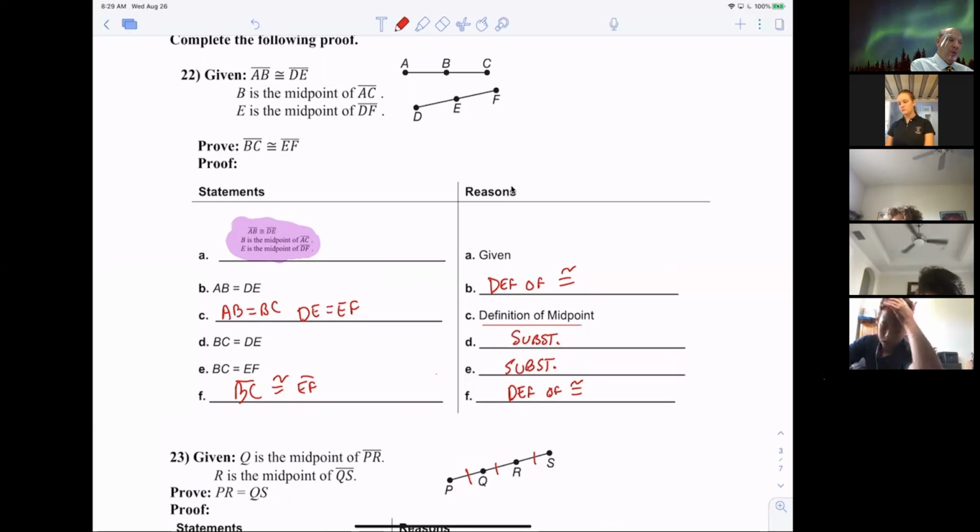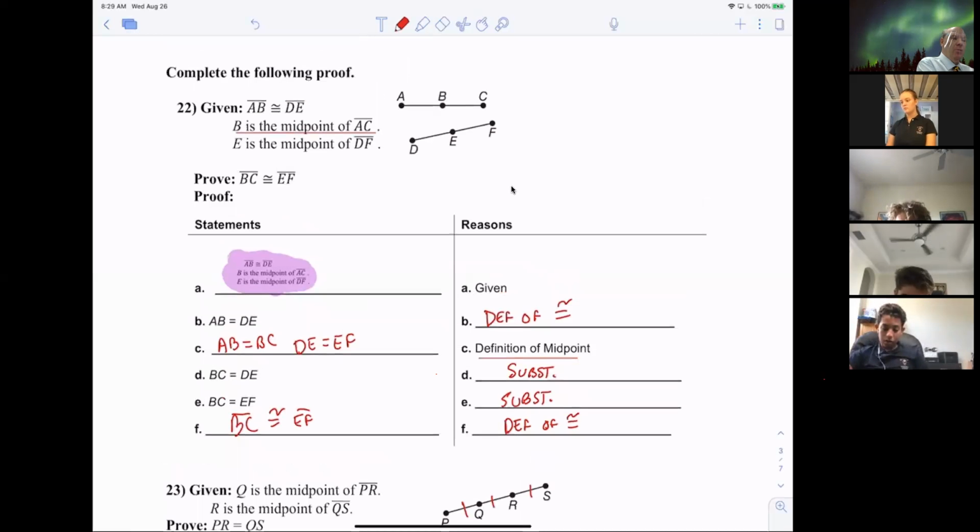Why is AB equal to BC, guys? It's telling you right here, B is the midpoint of AC. Just because the segment addition postulate can be used doesn't mean the individual pieces aren't the same. Segment addition postulate tells you that AB plus BC equals AC.